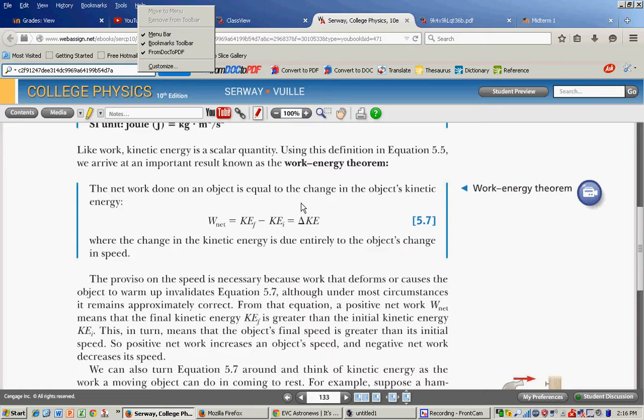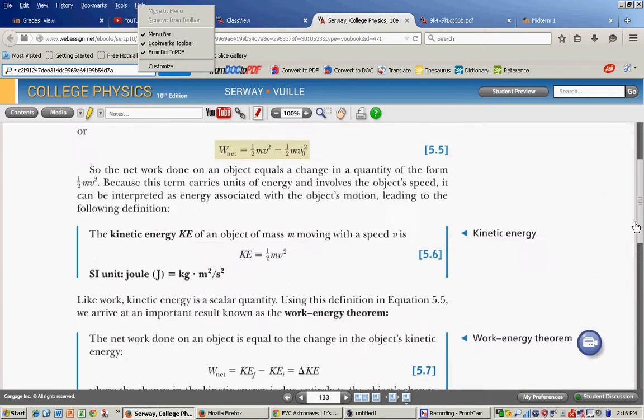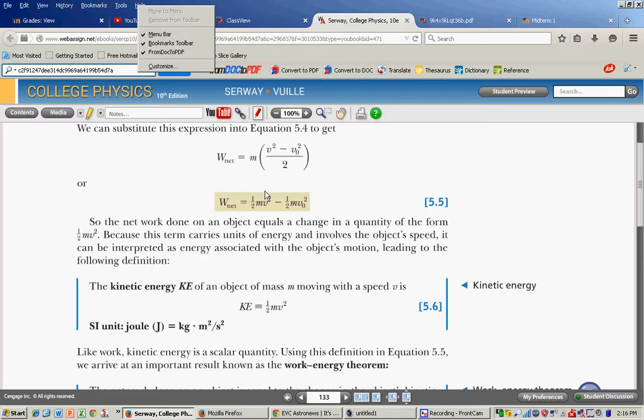And this is one of the most robust theorems there is in physics, especially in mechanics: if you happen to be able to calculate the entire work done on a system by a set of forces, the total work done is going to be equal to the change in kinetic energy of that system, which is the final kinetic energy, half mv squared, minus the initial kinetic energy.